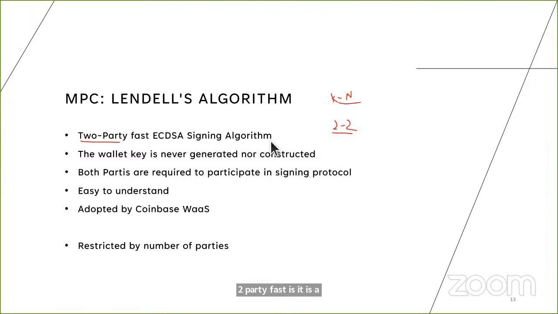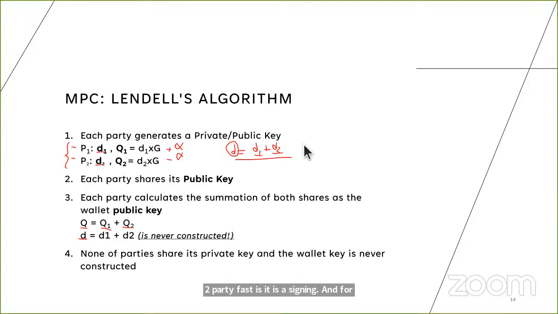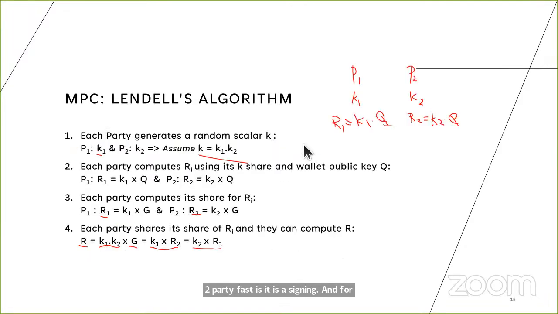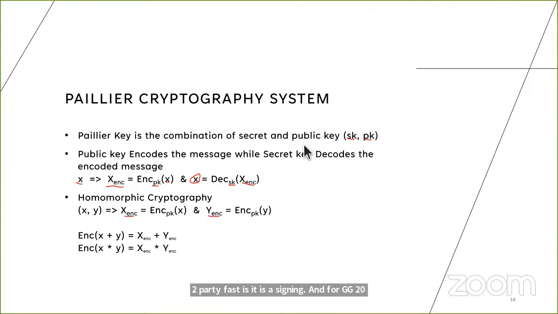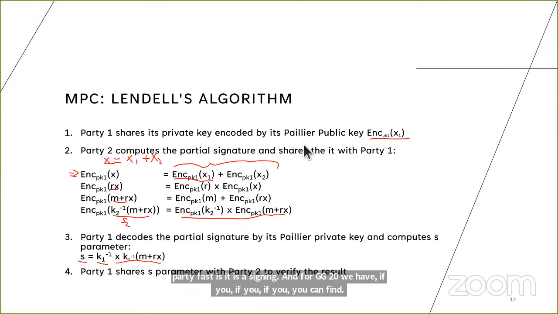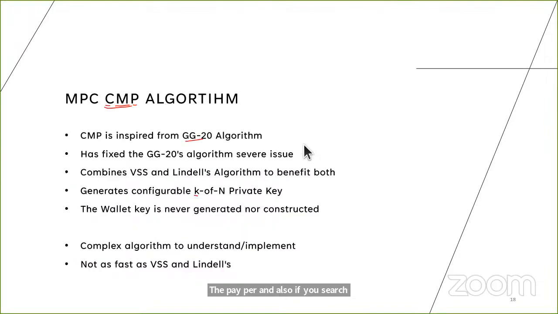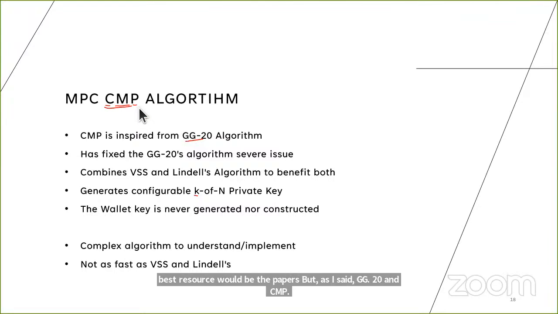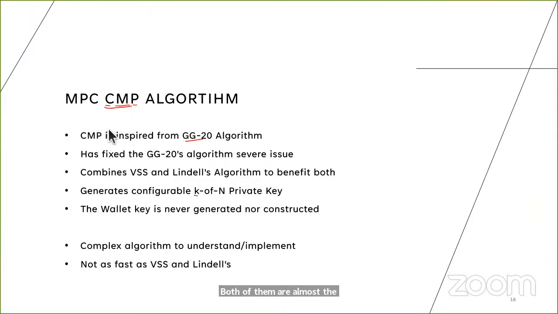For GG20, if you Google GG20, you can find the paper, and also if you search MPC CMP algorithm, you can find it. I think the best resource would be their papers. As I said, GG20 and CMP are almost the same, except that CMP has fixed some problems.